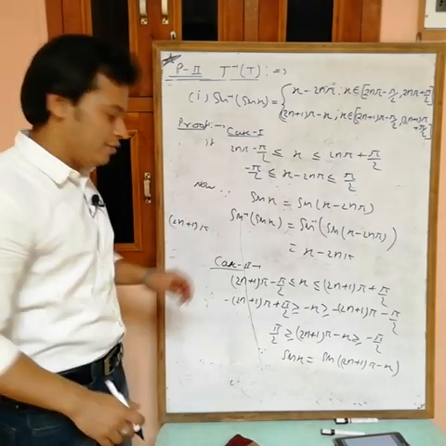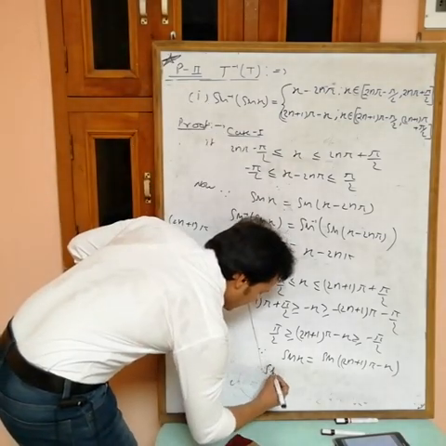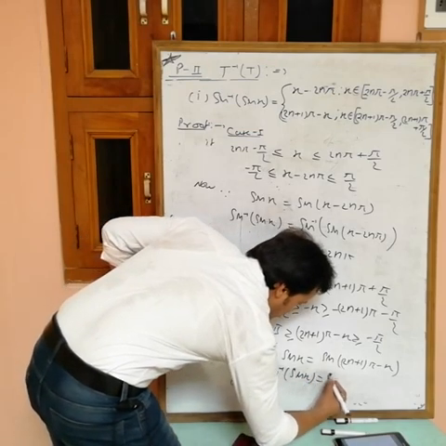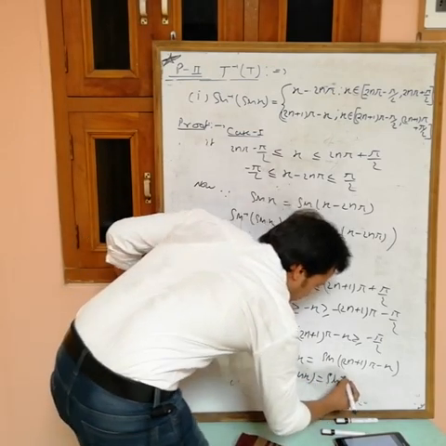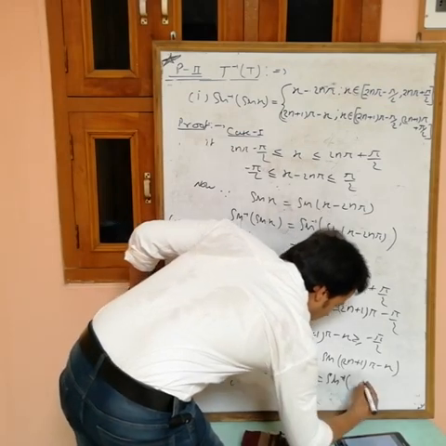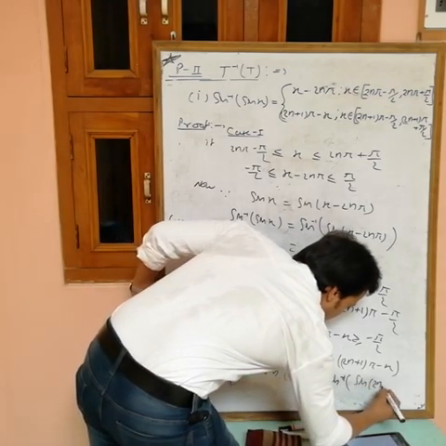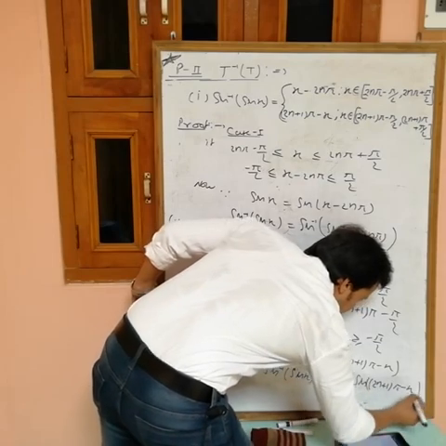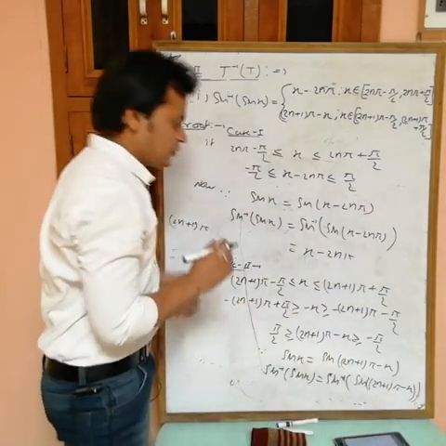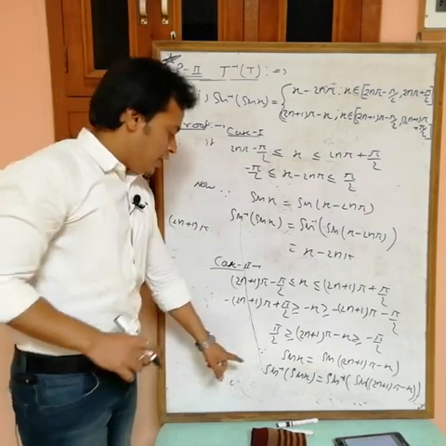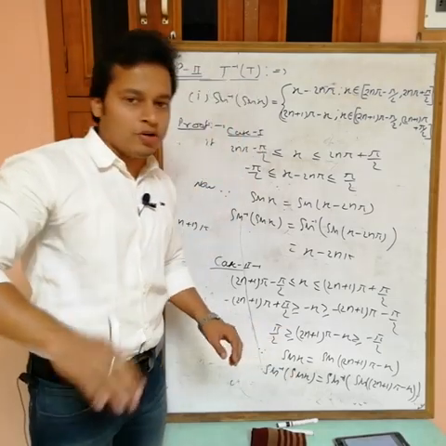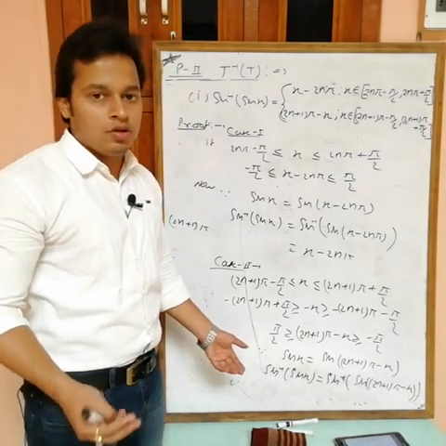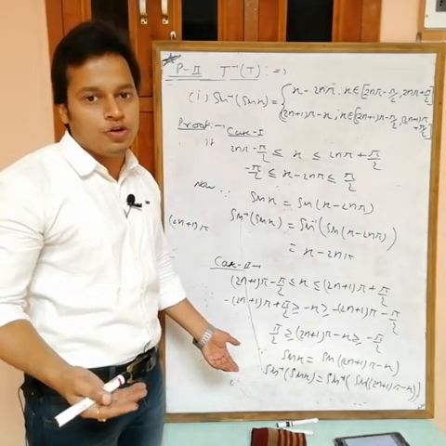Now take sin inverse on both sides. So sin inverse of sin x equals sin inverse of sine of (2n plus 1) pi minus x. Now see, here we can't cancel out sin inverse and sine because at the end we are getting x, and x is not in the range of sin inverse, from minus pi by 2 to plus pi by 2.